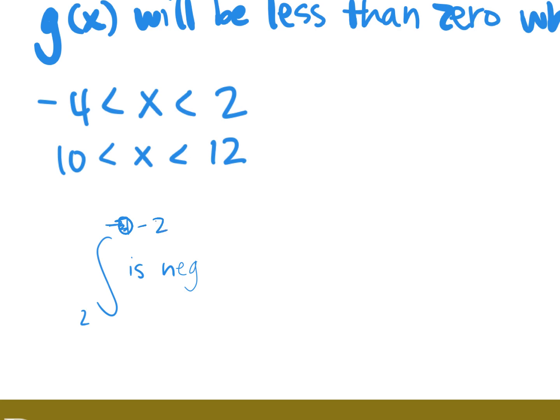To negative 3, parts are positive, but what's the net result? Still negative. And if I ask you to go all the way back to negative 4, still negative. So every value between negative 4 and 2 results in a negative value. We still write our answer in numerical order, where the smaller one goes first.